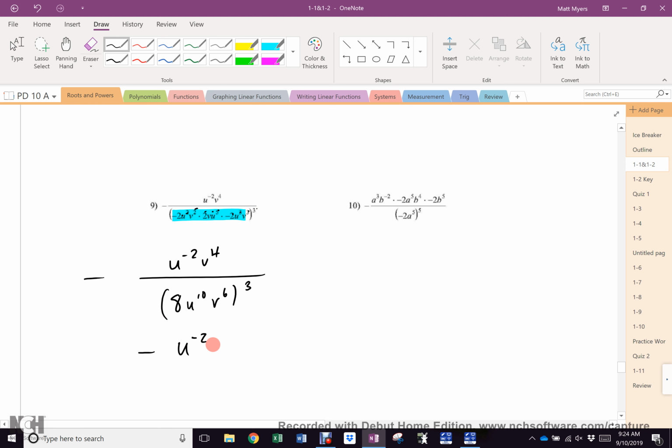So, U to the negative 2, V to the 4 over 8 cubed. I'll help you out. It's 512. Wait. Yes, 512. U to the 30, V to the 18. 512. Yes, Jordy. Did you just do 8 to the power of 3 in your head?